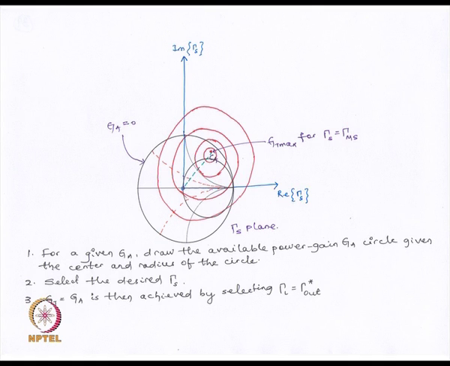You choose a value of gamma S and then find out what is the value of gamma out, just like we found out the value of gamma in for the operating power gain circle case. Once you find out gamma out, you set gamma L equal to gamma out conjugate, and this is the value of gamma L. When you do this, the GT will be equal to GA.